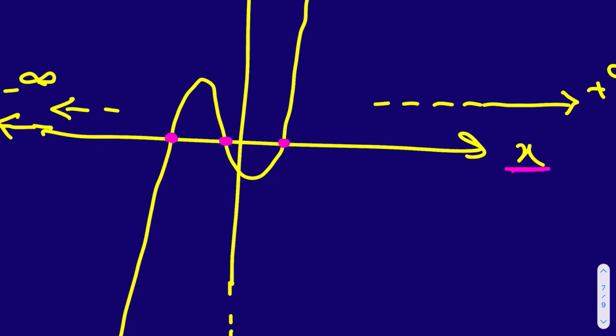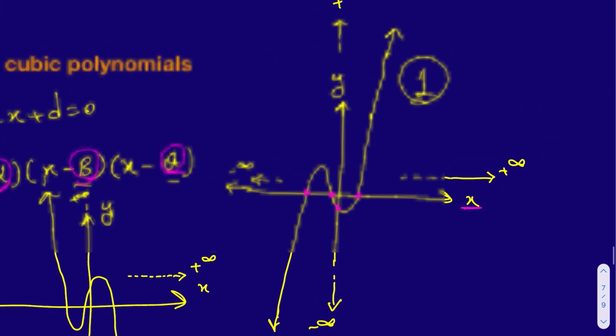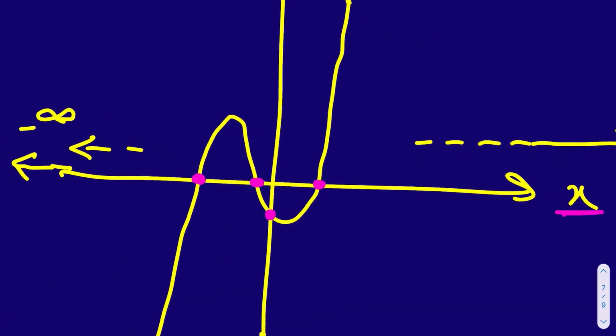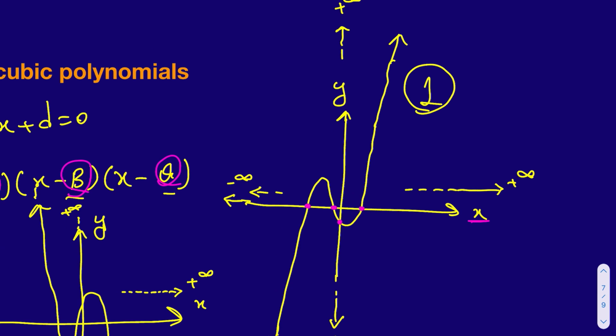Let's review: this curve intercepts the x-axis at 3 points, unless it has a repeated root, in which case it will be tangent to the x-axis.